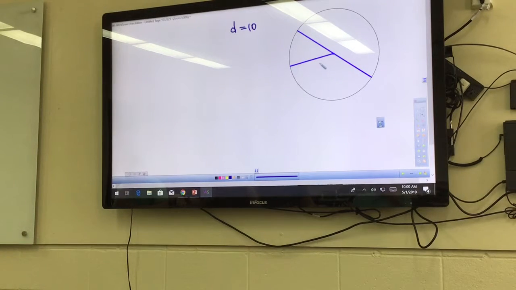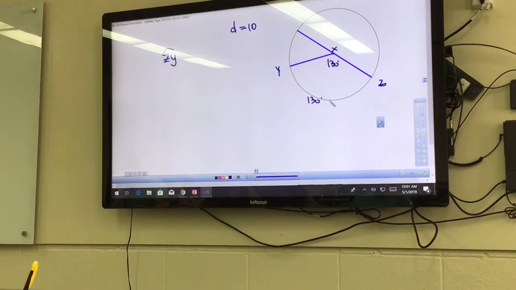The measure of YXZ is 130. And I want you to find ZY, the length of ZY. Now we could find the measure. What's the measure of ZY? 130. So I know the measure of ZY, it's 130 degrees, but that doesn't help me find the length of the arc without using the formula that we know.